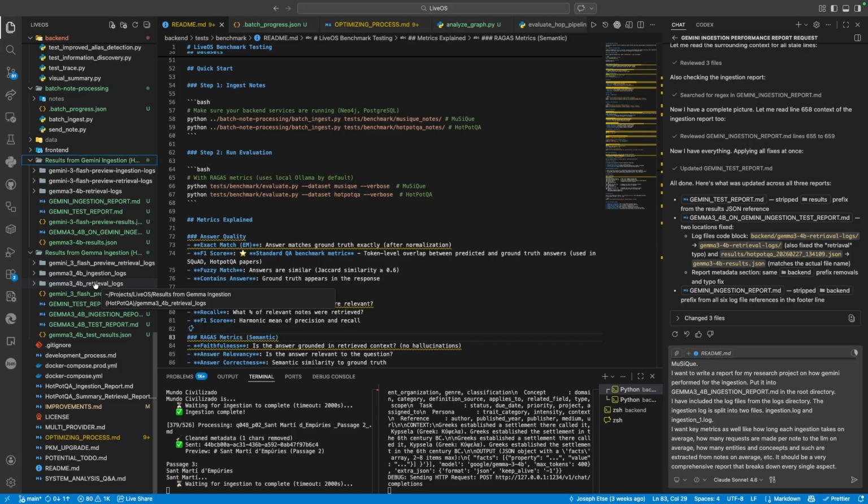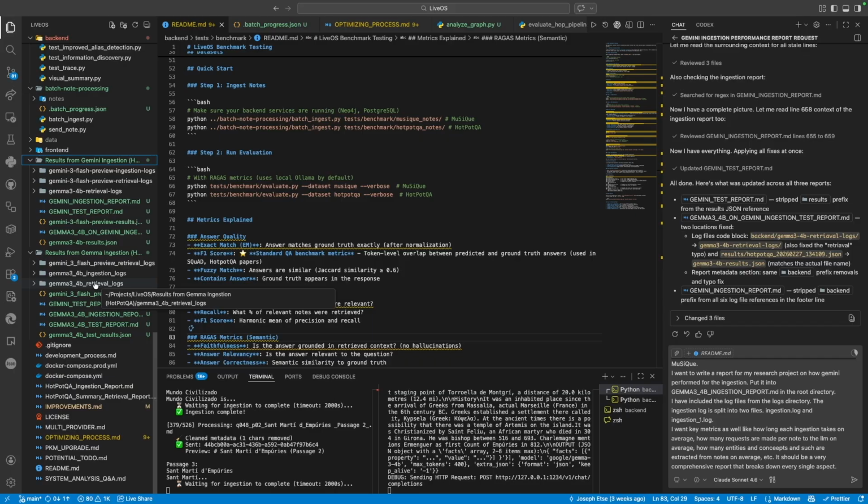The Gemini ingestion got its own information and put it into the brain, and then the Gemma ingestion also got its own information and put it into the brain. So looking at the two of them, which one was able to synthesize the information better? In order to determine that, I have to test both of them.